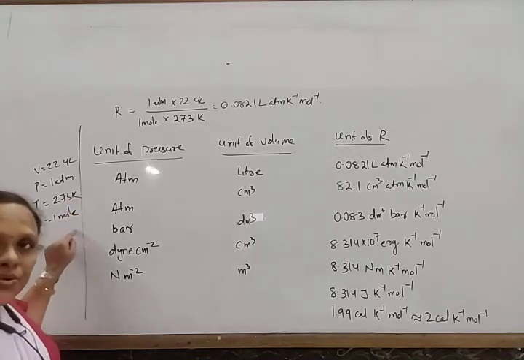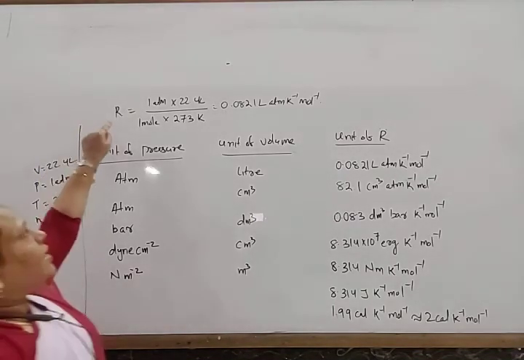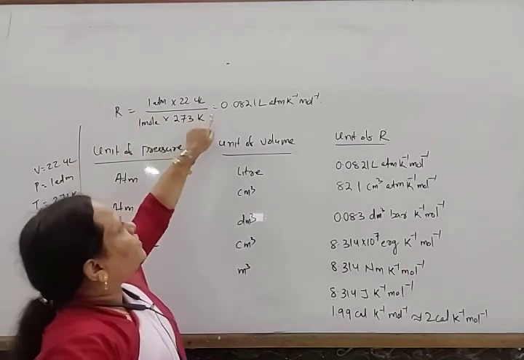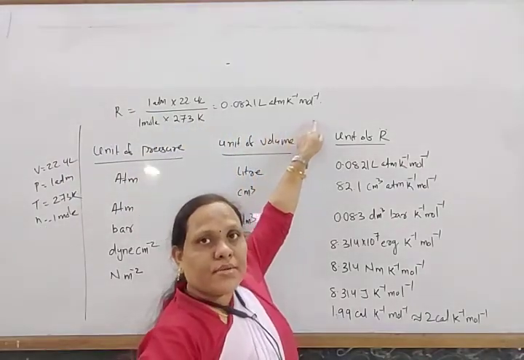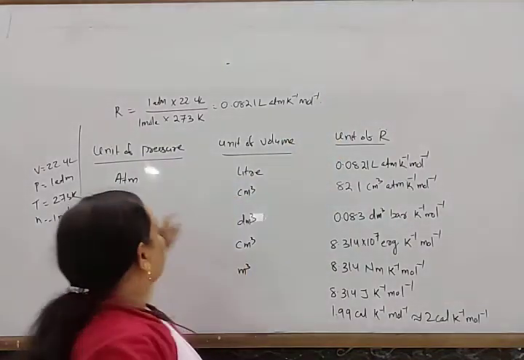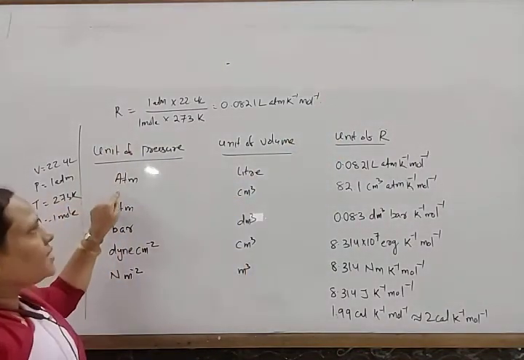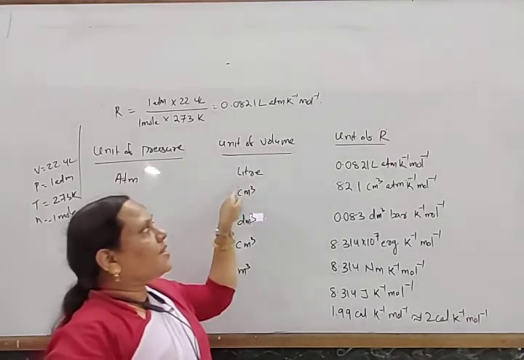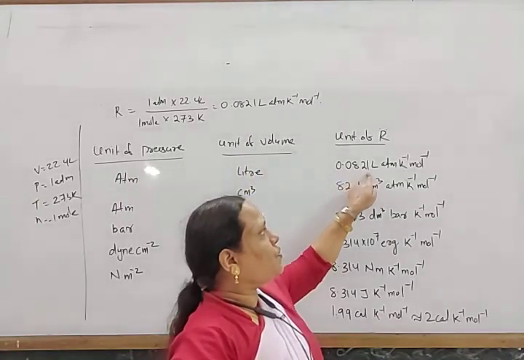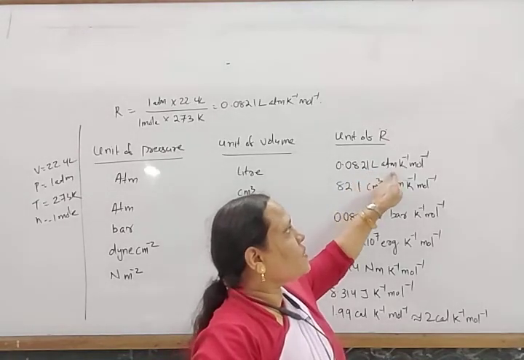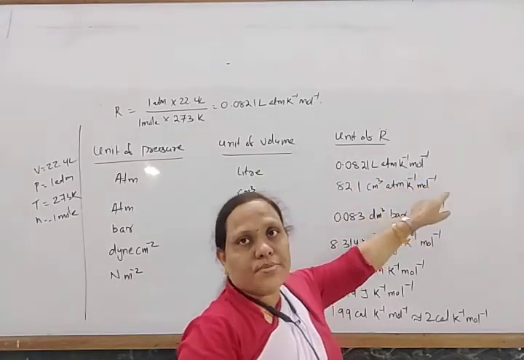If we substitute these values, then we find R equal to 0.0821 liter atmosphere Kelvin inverse mole inverse. So if the pressure is taken in atmosphere and volume in liter, then R is found to be 0.0821 liter atmosphere Kelvin inverse mole inverse.